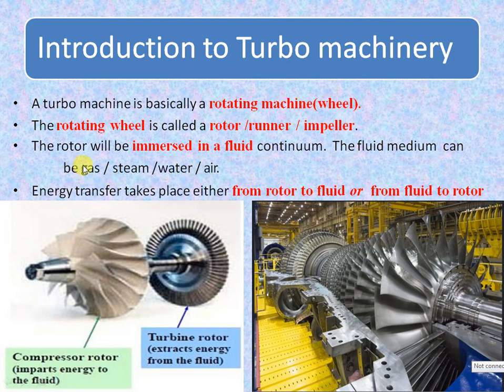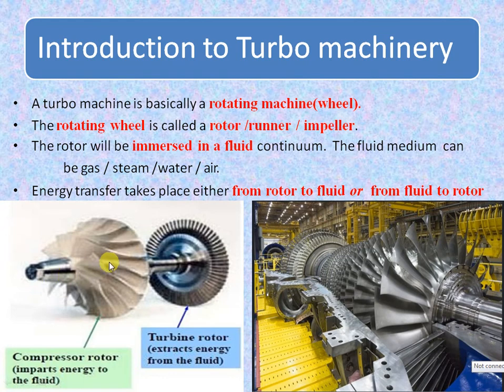If the fluid medium is gas, then the turbine is known as a gas turbine. If the working medium is steam, then it is known as a steam turbine. If the working medium is water, then it is known as a water turbine. And in a compressor or a wind turbine, air is used as the fluid medium.